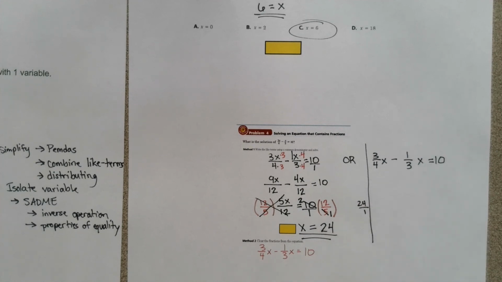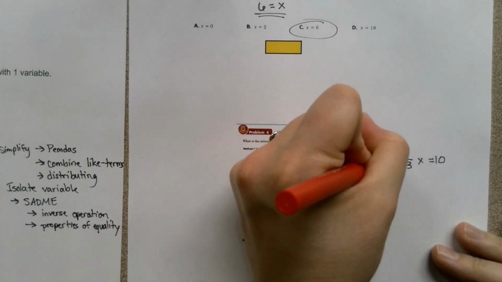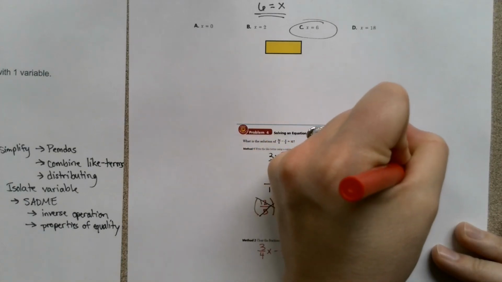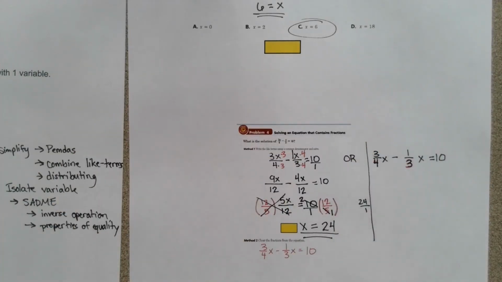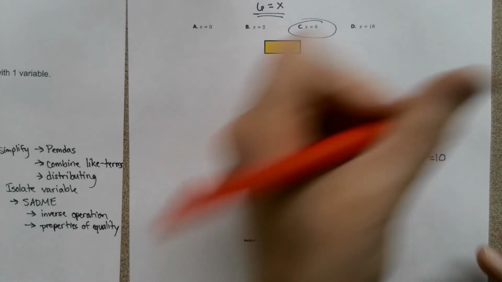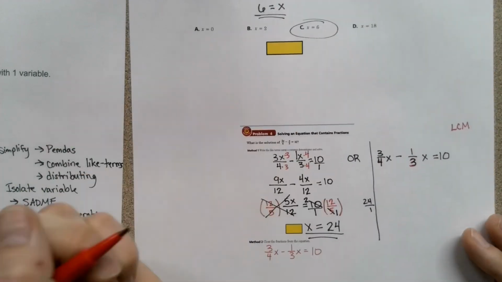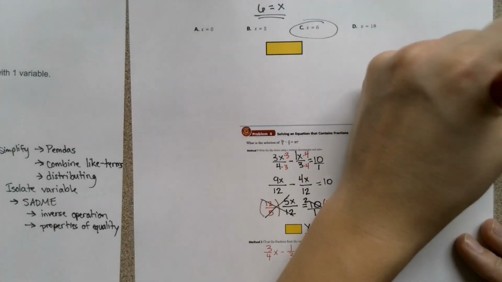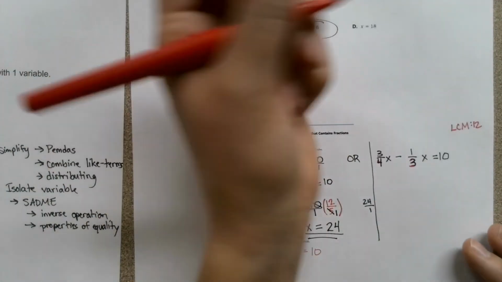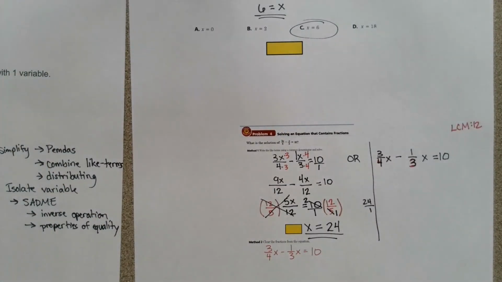So if we're looking at the 4 and the 3, what we would need to multiply by on both sides of the equation would be 12. Our least common denominator, or in other terms, our least common multiple, is going to be 12. So we're going to multiply by 12 on both sides.